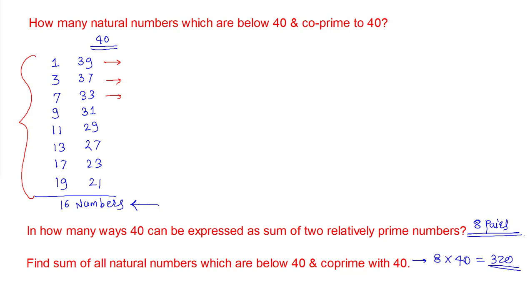Now let's have a look at the formula. For the formula, the problem statement is: how many natural numbers below n are co-prime with n?